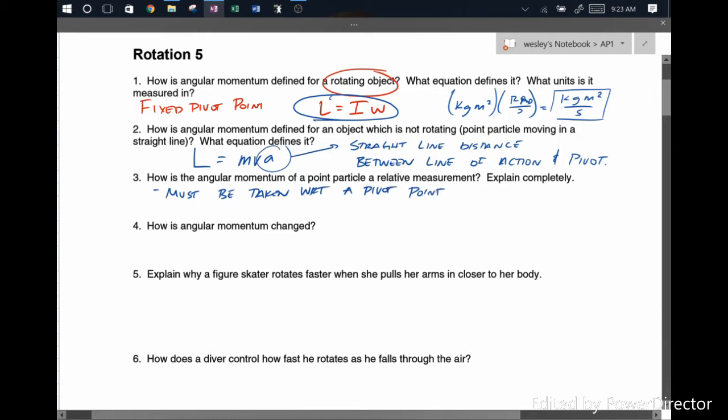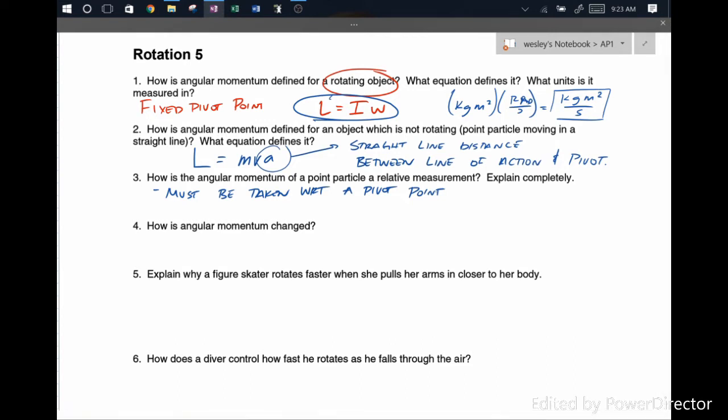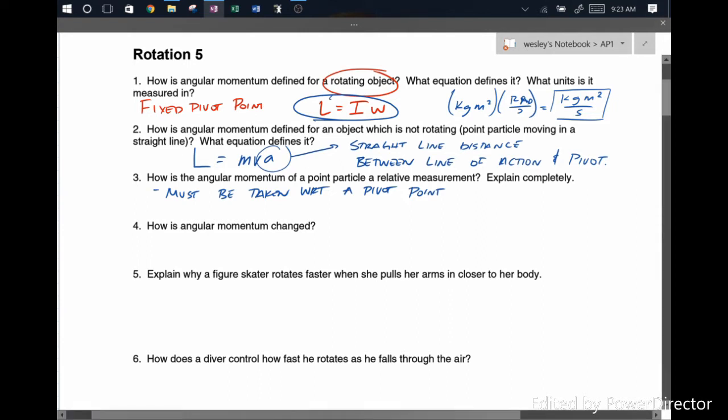Think about it if you're throwing a ball at a board that's standing up. If you throw it towards the bottom, it's not going to cause it to rotate a lot. If you throw it toward the top, it's going to rotate a whole lot because you're increasing your A. So it must be taken around a specific pivot point because where that pivot point is changes A, changes the value of our angular momentum.